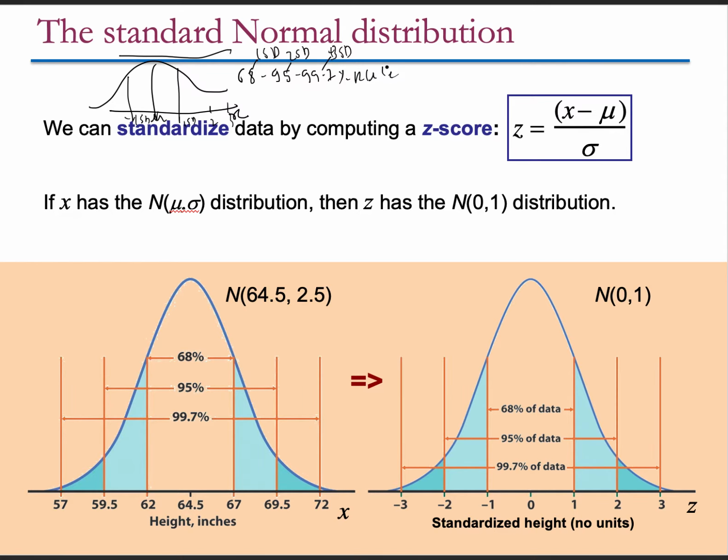But sometimes we are interested in calculating area. Let's say your mean is 40 and your standard deviation is 10. Sometimes we are just interested in finding an area less than 47 score.